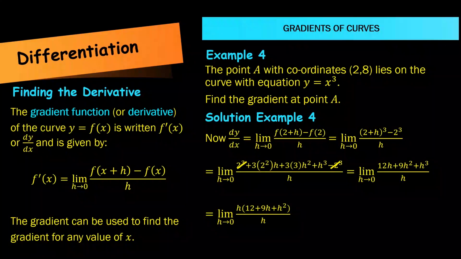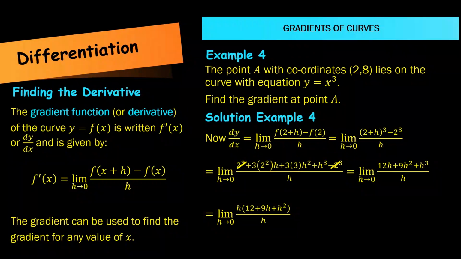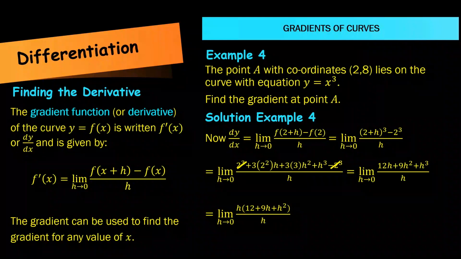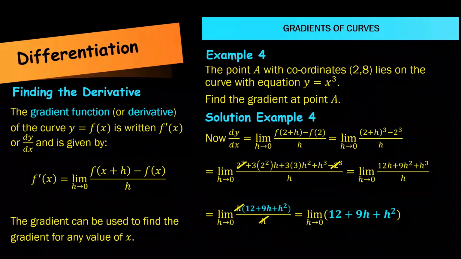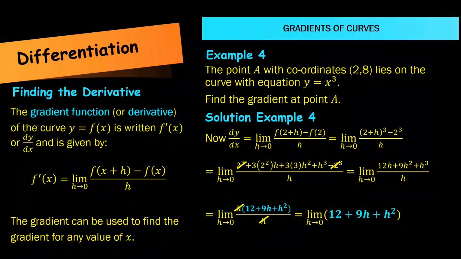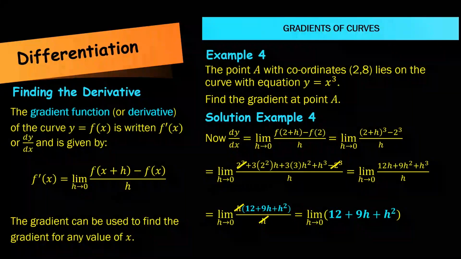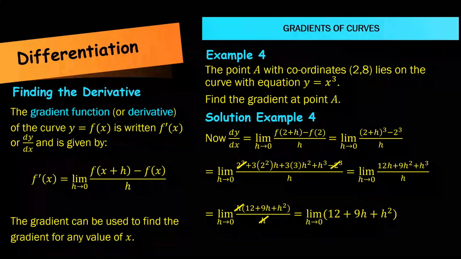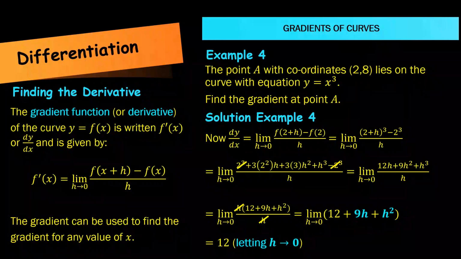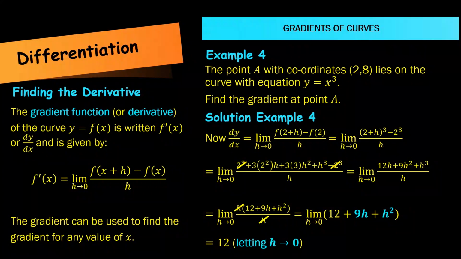And now we can factorize the numerator as shown, and cancel to give us the limit as h tends to 0 of 12 plus 9h plus h squared. And this is of course going to equal 12 if we let h tend to 0.